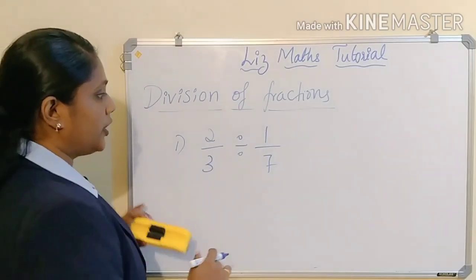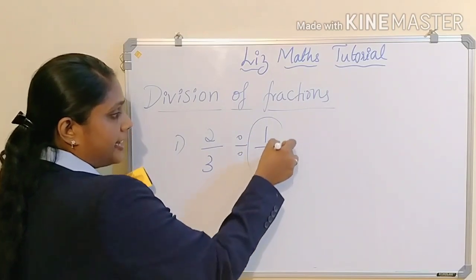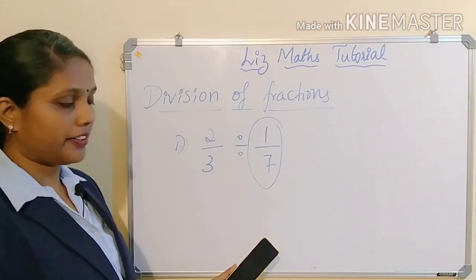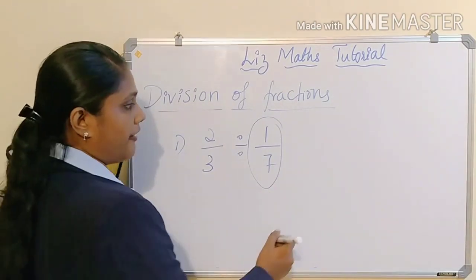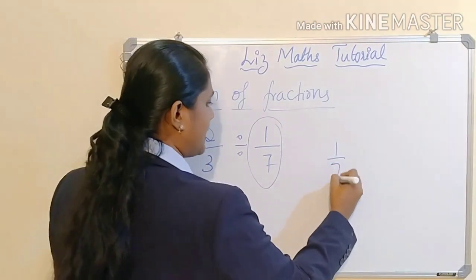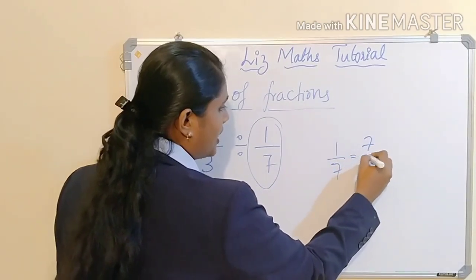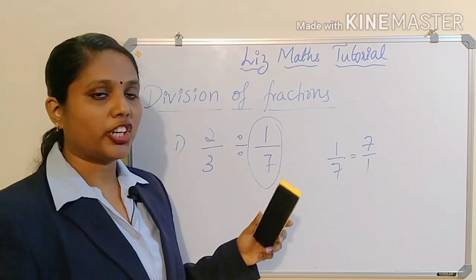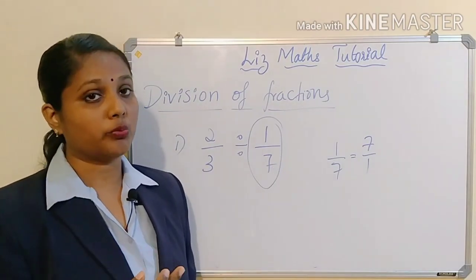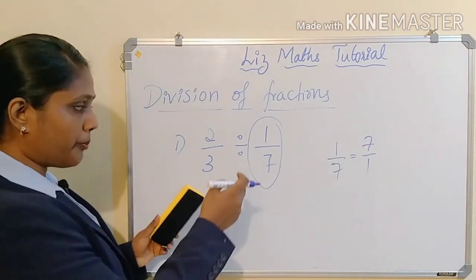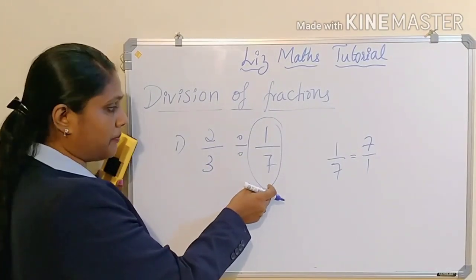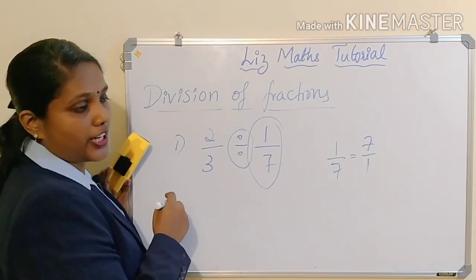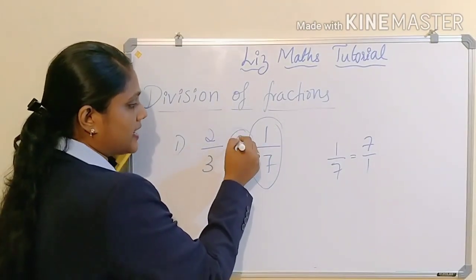See here, if the number after the division sign is 1 by 7, the reciprocal of 1 by 7 is nothing but 7 by 1. When you are writing the reciprocal, that is the multiplicative inverse, and when you make the inverse of this number, automatically the division becomes a multiplication. When you are reversing it, the sign changes.